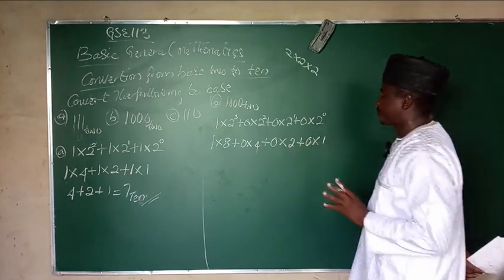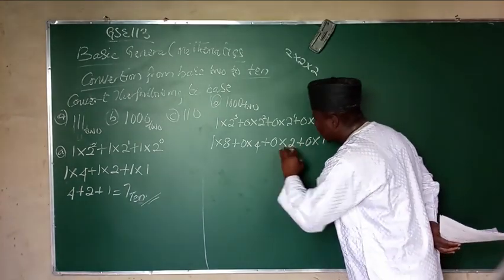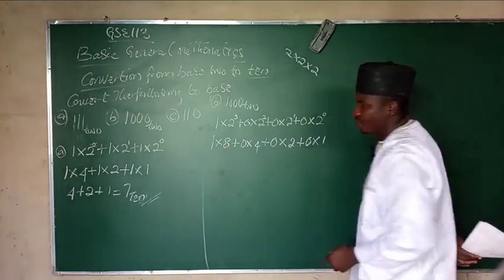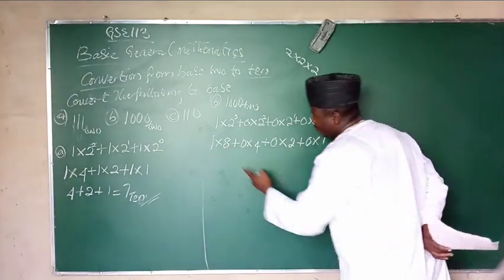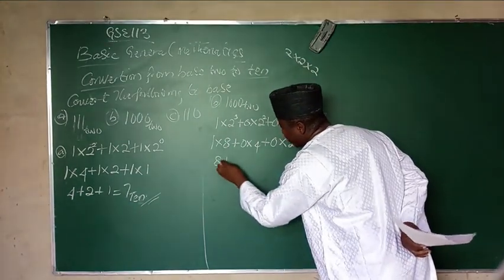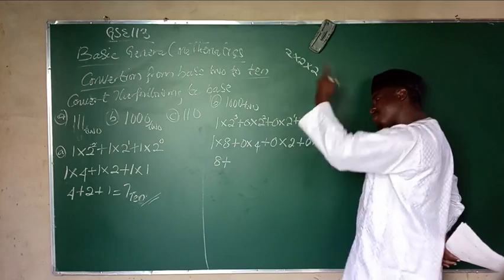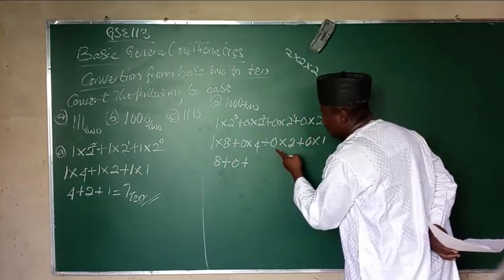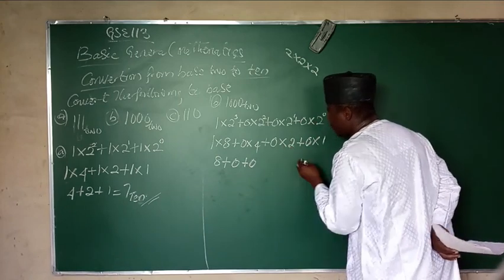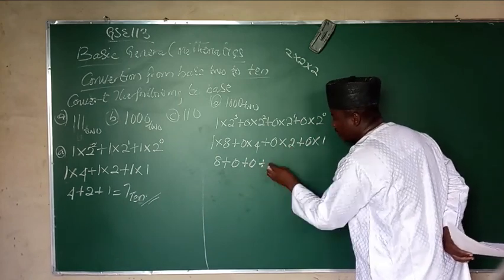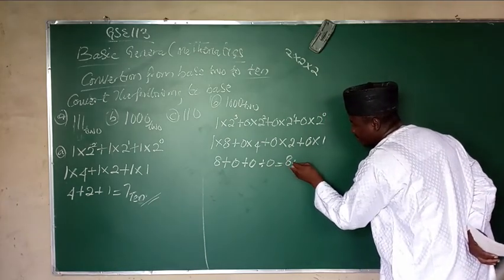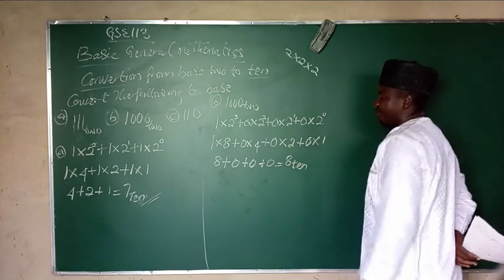So now we have arrived at this. Now what next? We take care of the multiplication. We say 1 times 8 is 8 plus 0 times 4. Any number multiplied by 0 is 0. Plus 0, plus 0 times 2 is of course 0, plus 0 times 1 is of course 0. Therefore, we have 8 base 10.